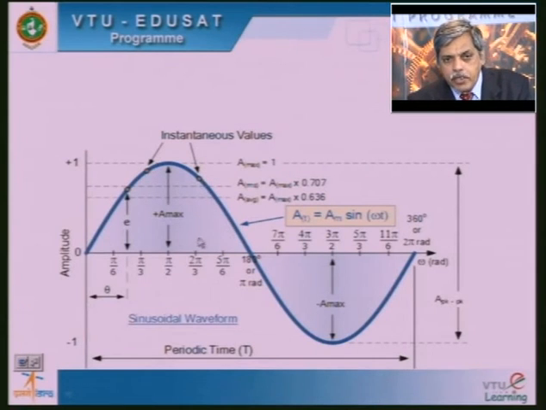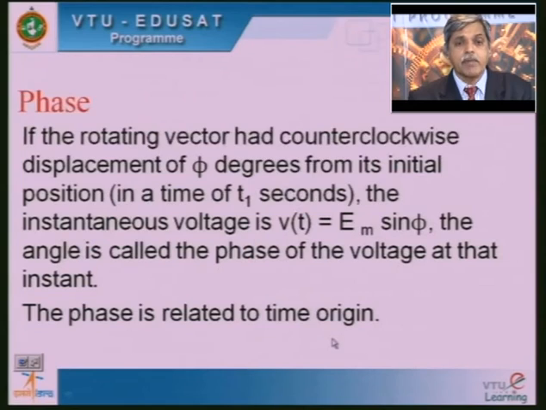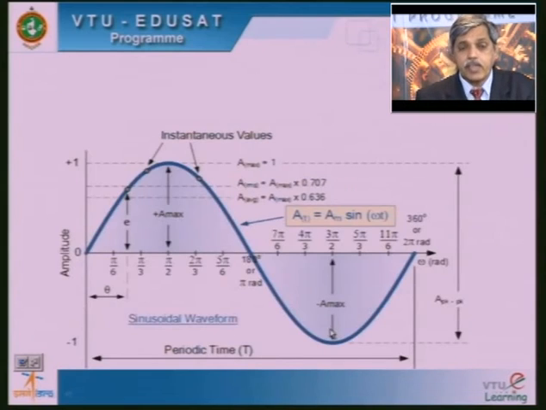Further, if you move along the time axis, when I move by 180 degrees, that is within half a period, I again have the voltage 0. If you increase the time or the angle further, you get a voltage in the negative direction, which becomes minus A maximum, and then increases from minus A maximum to 0.